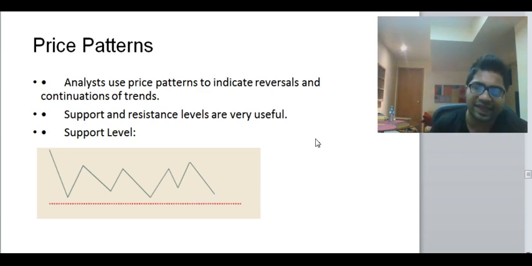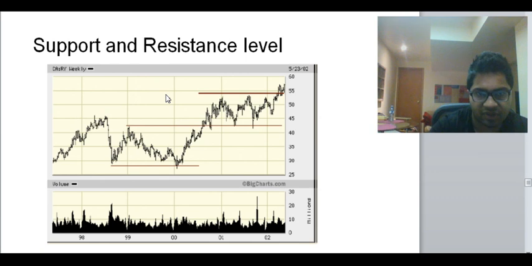Now in technicals, we look at the past to find support. We generally look for previous lows to find support. For example, in this chart, this previous low is acting as a support in future. In the same way, this previous low and this previous low of the stock are acting like a support.